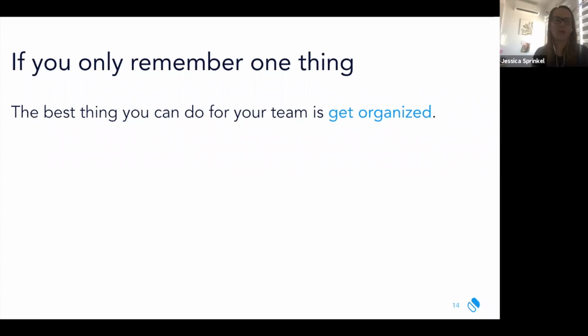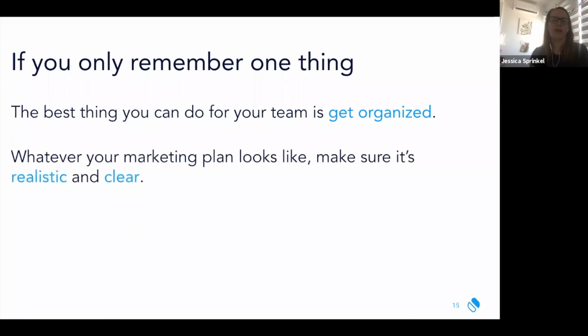Even taking numbers down or increasing numbers in certain areas will give people visibility into what is real. I think a lot of us as marketers are not sure if plans have changed, so we keep things on, but that may or may not be the right thing for your business. So get organized, help your team get organized, and reevaluate what we're actually doing so that you can get a plan that you feel confident in.